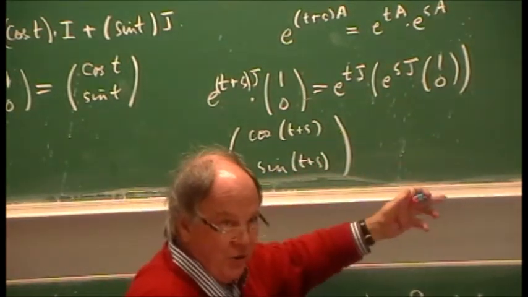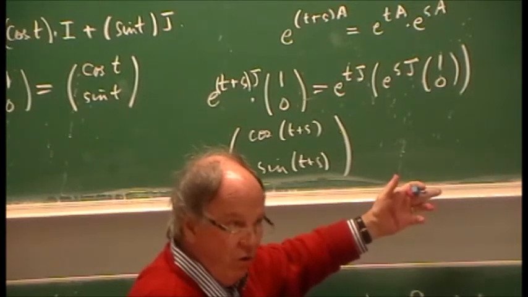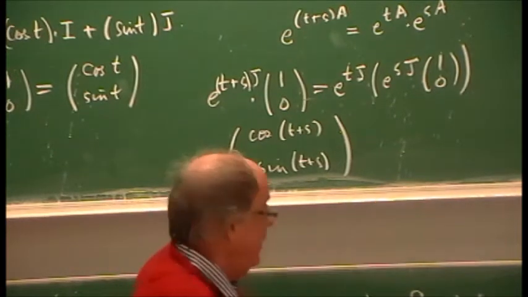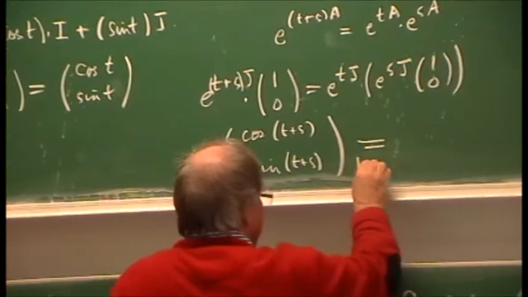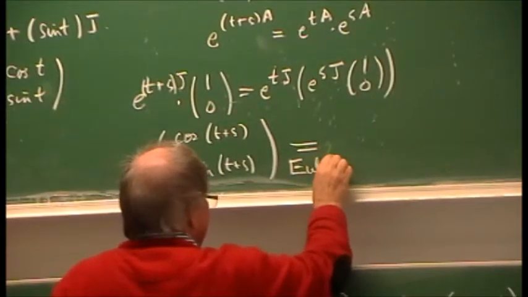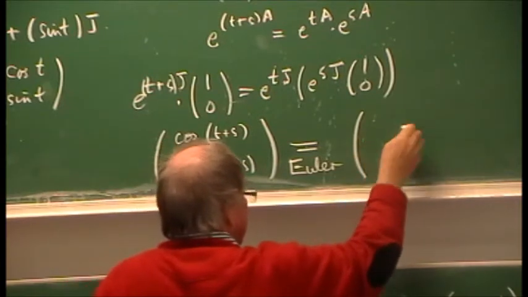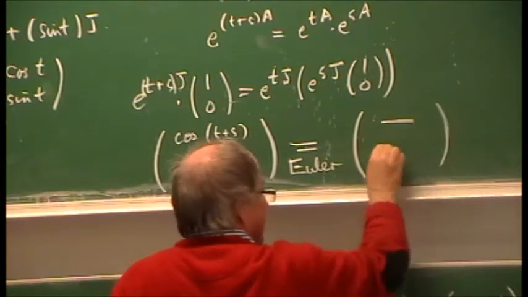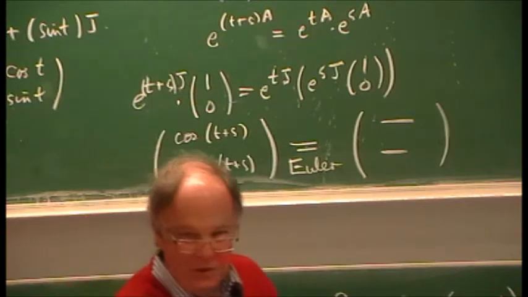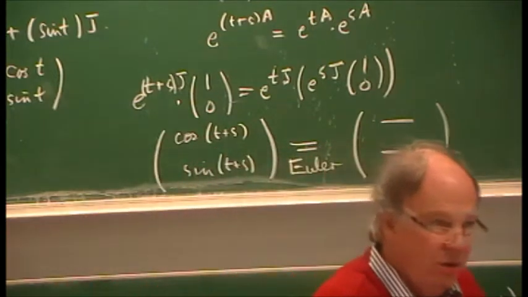And you know what you're going to get. You're going to get the addition formulas for cosine and sine, and you know them better than I do. So this is a statement, a theorem of Euler, that tells you the addition formulas for cosine and sine, whatever they are. I'm happy to do it out, but you can have much more fun doing it yourself.